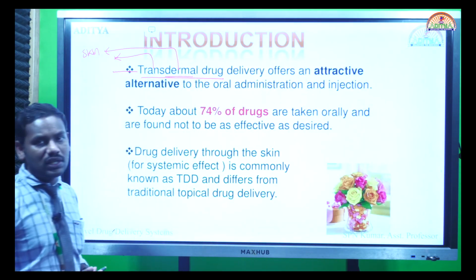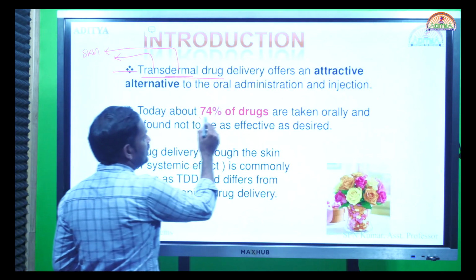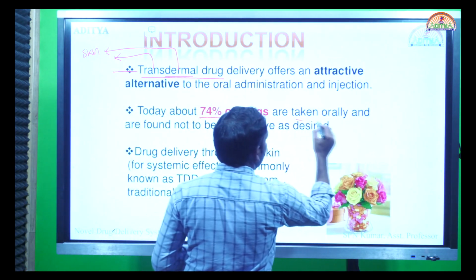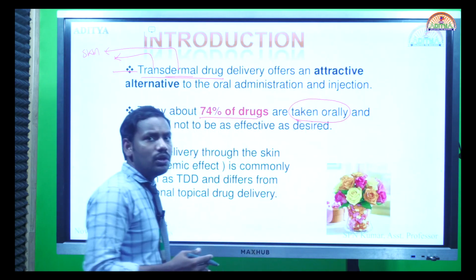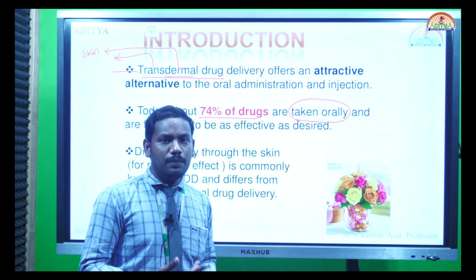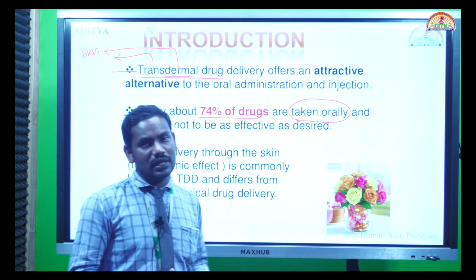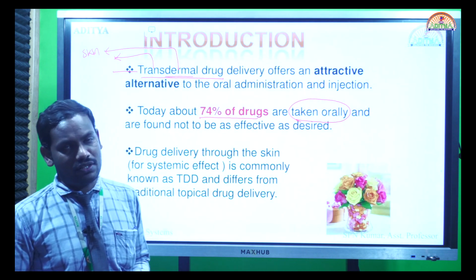Most of the drugs available in the market, almost 74%, are taken orally. The oral route is a very flexible route. It is an economical route. Most patients feel comfortable taking a tablet rather than an injection, but still oral drug delivery suffers from certain disadvantages. What are they?